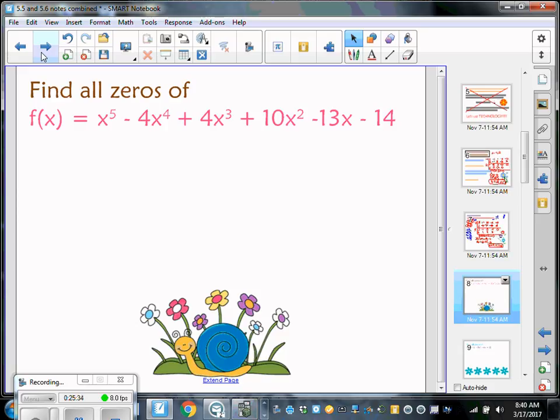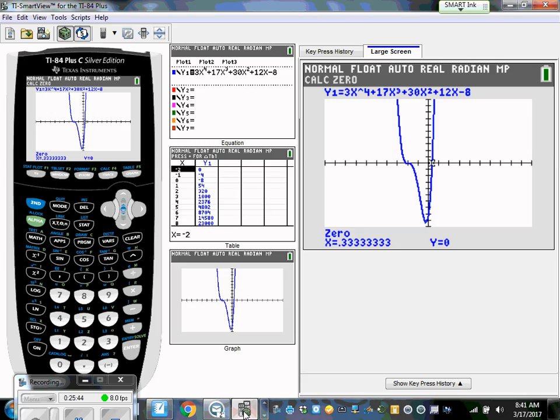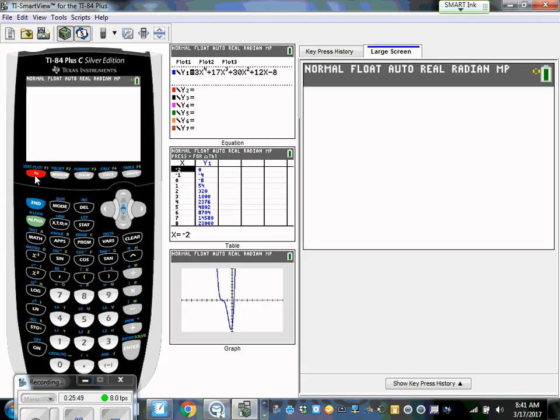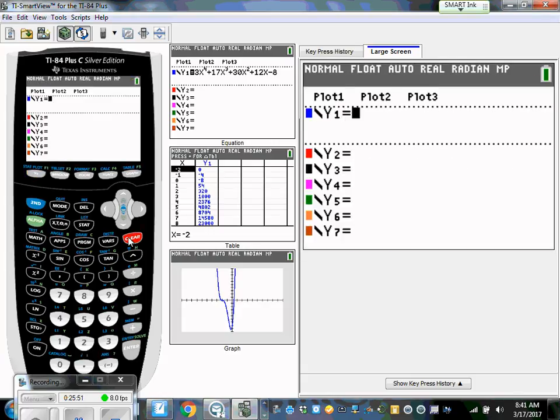How many terms does this one have? 6. How many answers will it have? 5. Highest exponent's 5. Okay, so let's go ahead and graph this one. If you're back on your calculator, hit y equals and hit clear.